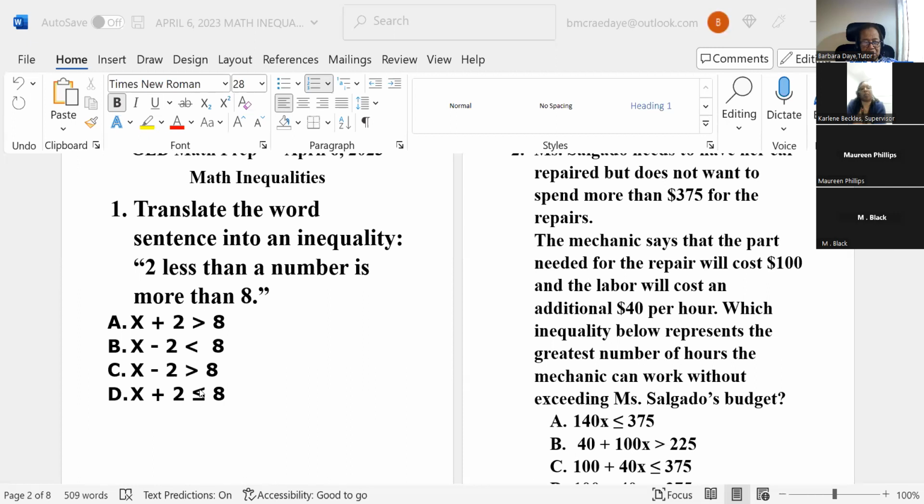You remember when you have the V's turned and the dash underneath is either less than or equal or greater than or equal, right? Now, say your answer again, Maureen. I say C. You said C. Now, you told me this was a greater than, right? But it says 2 less than a number is more than 8. So what would more than be?